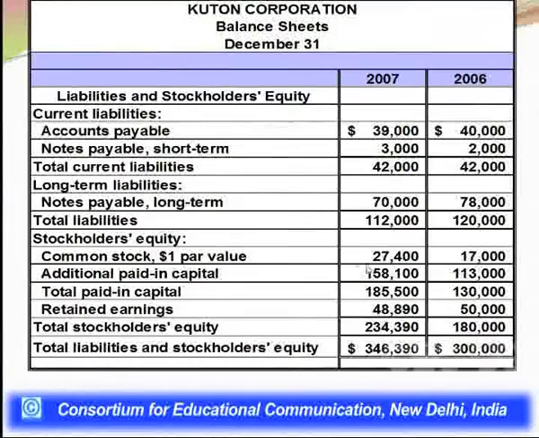The total paid up capital, which comprises these two things, 27,400 plus 158,100, the total of these two rows gives you the value of 185,500, and the total of these two rows for 2006 gives you the total paid up capital of 130,000.